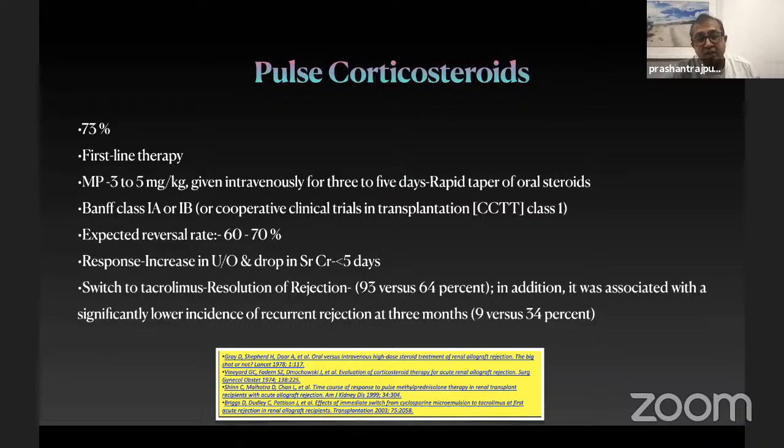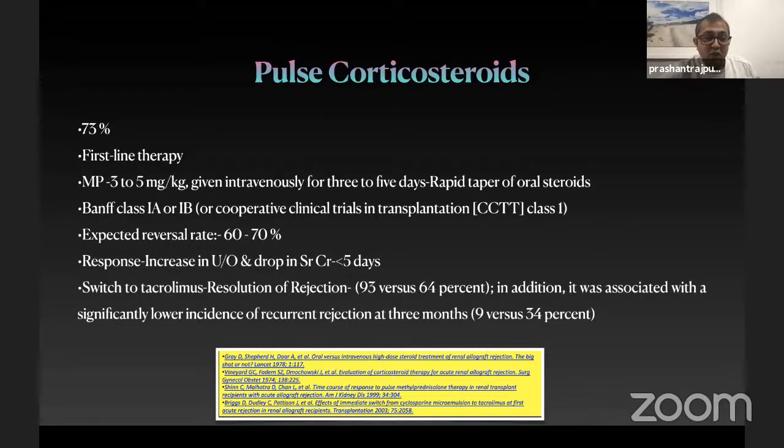And you use a rapid taper of oral steroids. BANFF 1A and 1B in the cooperative clinical trials in transplantation, it's class 1. The expected reversal rate following corticosteroids is about 60 to 70%. The response is seen as an increase in the urine output and drop in serum creatinine within 5 days.